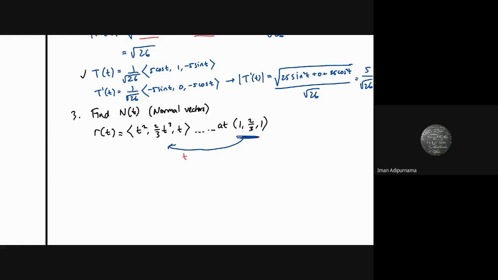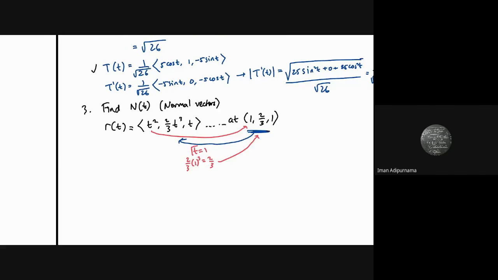So when t equals 1, this is correct, right? And it's also correct here. So t equals 1, corresponding to the coordinate.